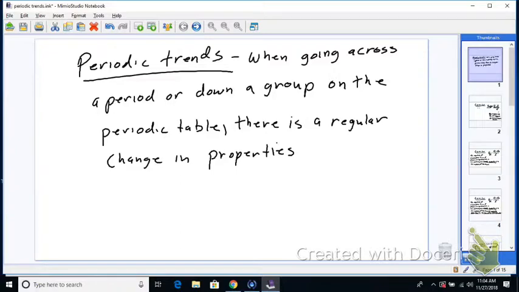So that's not one you can use, but that's an example I'll share with you so you can kind of see what you're getting yourself into when you do this activity. Okay? So a trend is something that happens going across or down a column. All right? We're going to look at atomic radii today when we do that.